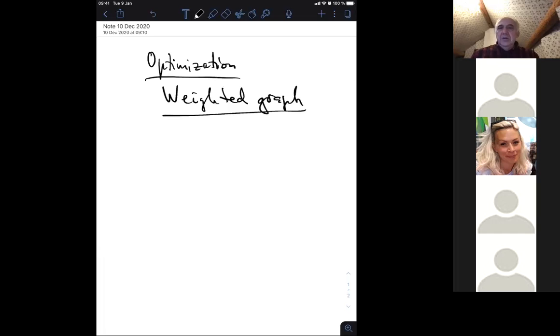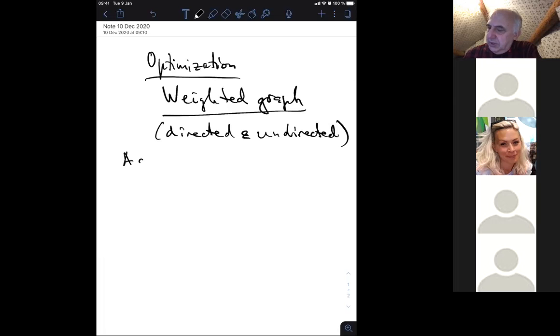So, this works both for directed and undirected graphs. Doesn't make any serious difference. A weighted graph is a graph with a weight function.